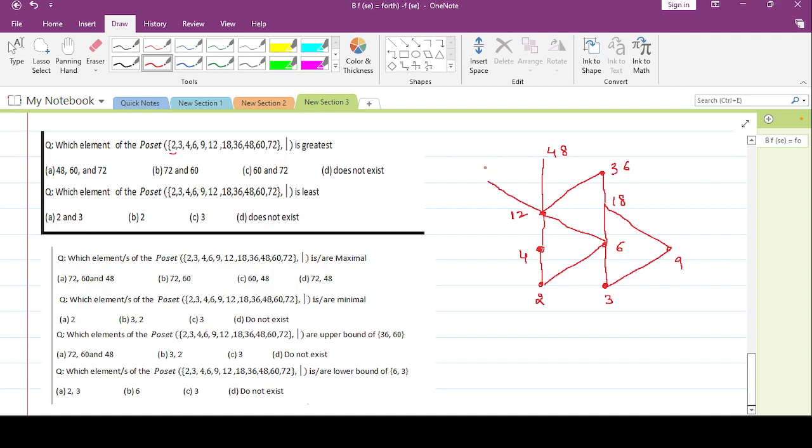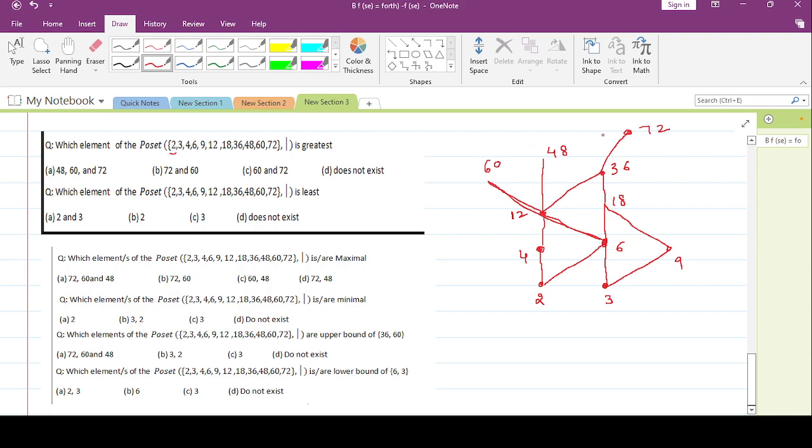No other element except 6 can divide 60. So you see that these elements are in a relation. Now the next element is 72, so 36 divides 72.